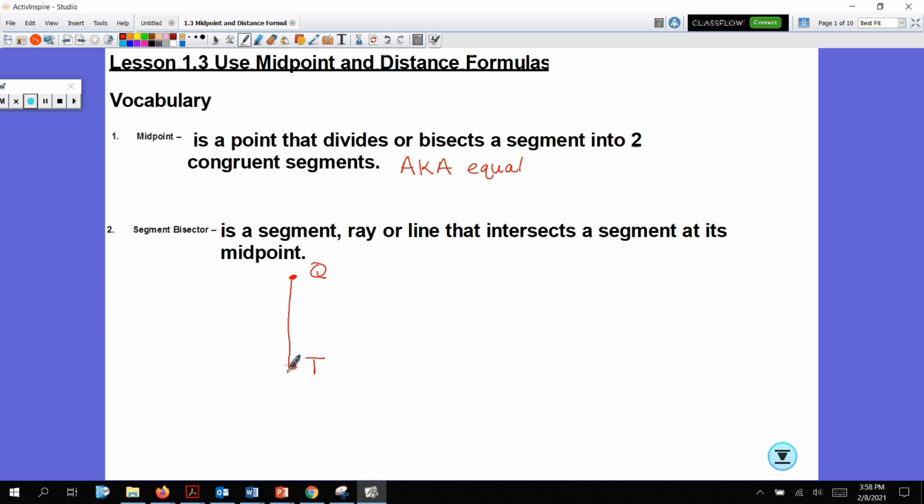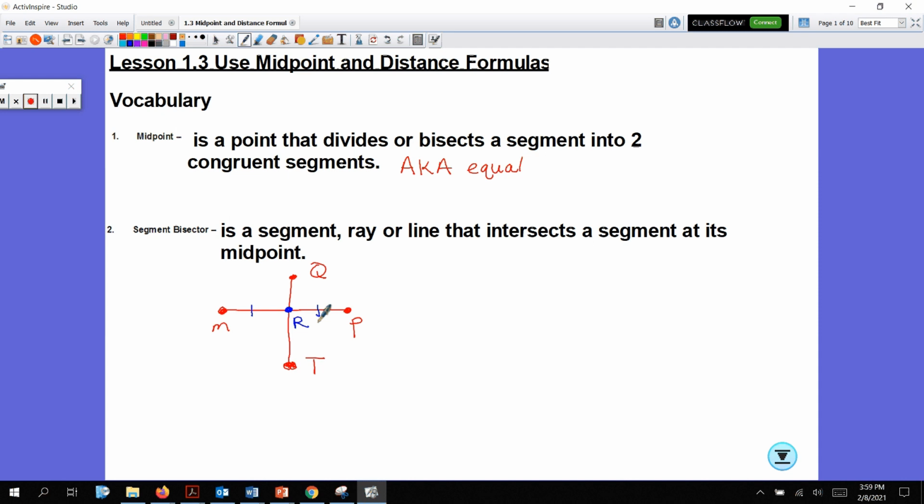And then we have another point here, connected to another point here. Let's say this is P. This segment bisector, let's say this is point R. QT is a bisector of MP, meaning each segment on either side is congruent.